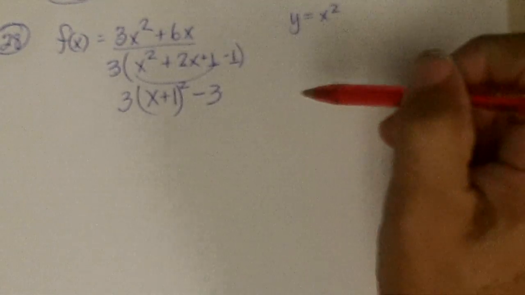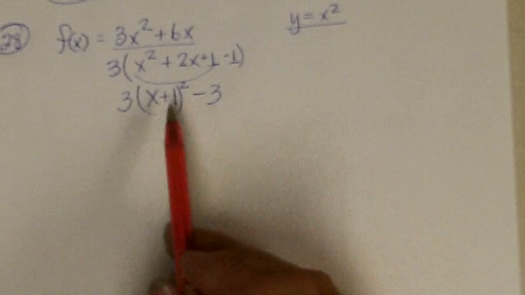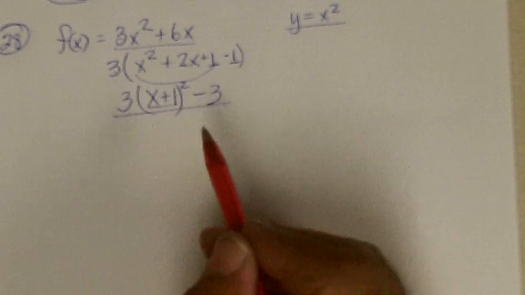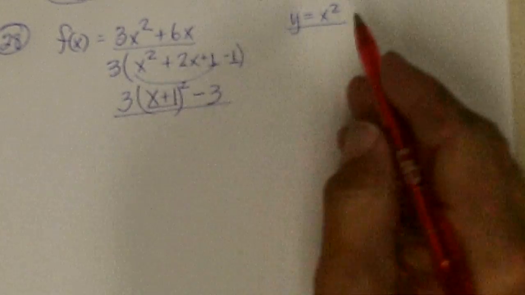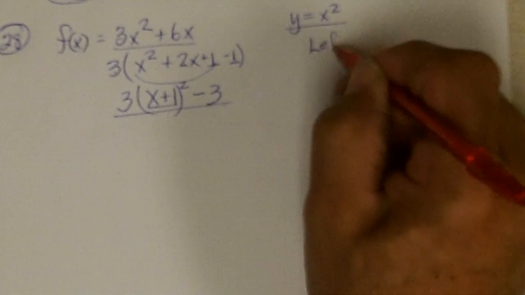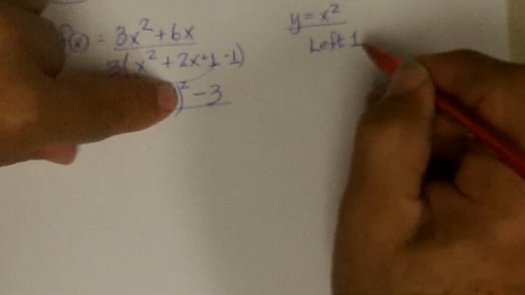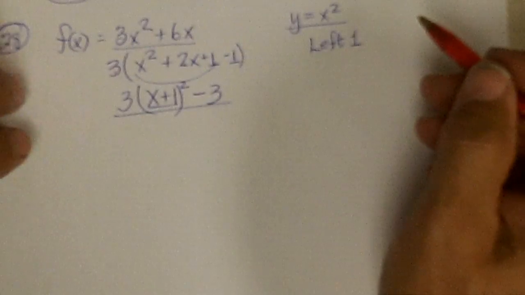And so if I were to graph this, the translations I would have to go through. Inside, the x plus 1 would mean it's left 1, because inside on the x goes left or right.